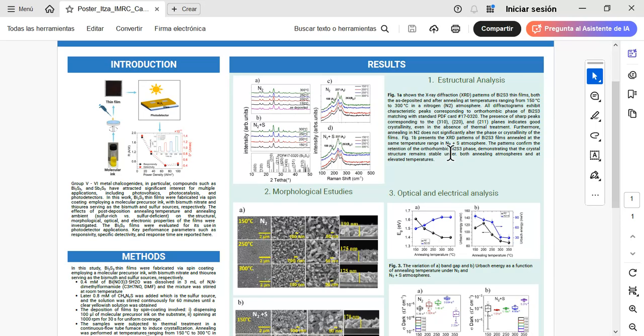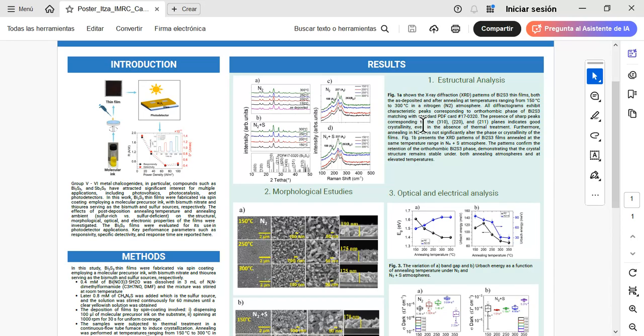The bismuth sulfide was also characterized by Raman spectroscopy. In both cases, characteristic bands of the orthorhombic phase are reported. The bands at 188 centimeters inverse and 237 centimeters inverse are attributed to transverse stretching vibrations of bismuth-sulfur bonds.